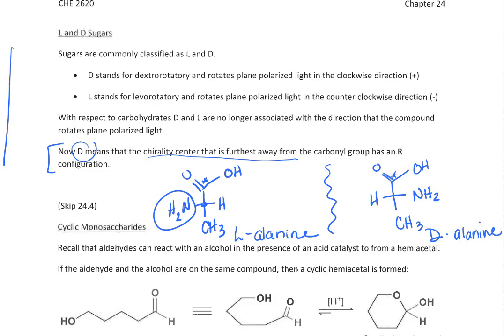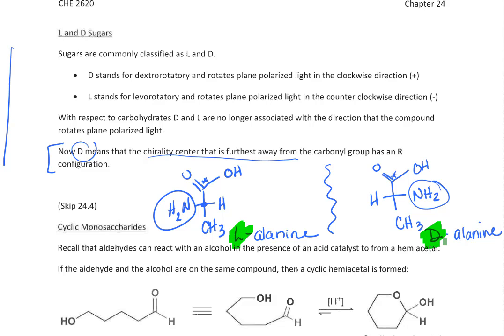And if your large group is on the left-hand side, that's your L. If your large group is on the right-hand side, that's your D. So this actually came first because this predates the RS system, the Cahn-Ingold, and I can never remember the third person's name, system of assigning R and S. And so Emil Fischer was essentially coming up with a very straightforward way of assigning R and S to quickly illustrate that these two compounds with just the name are enantiomers of one another.